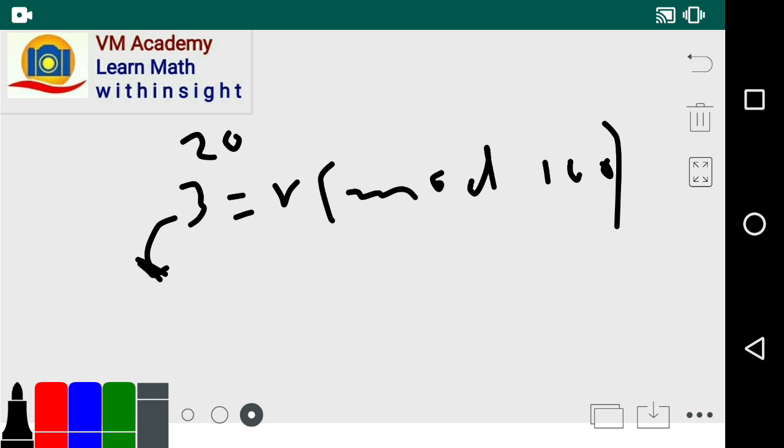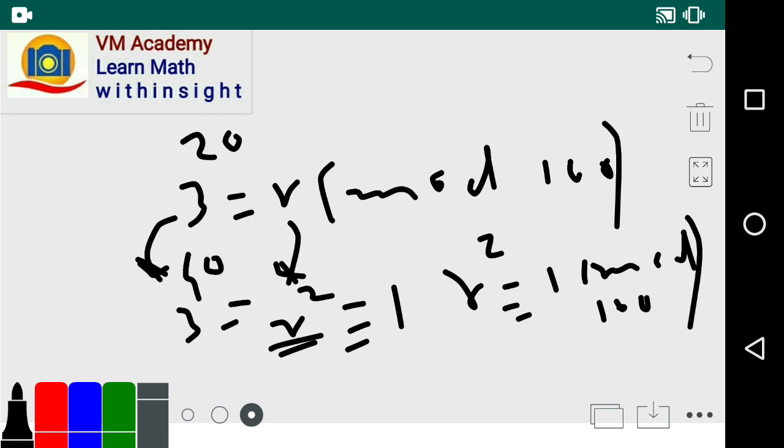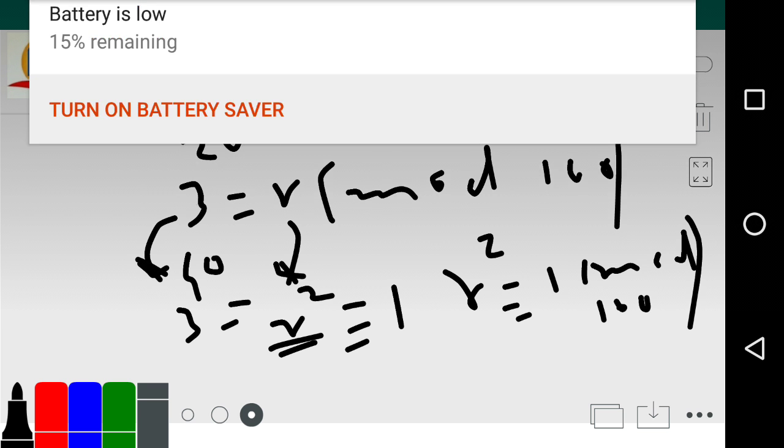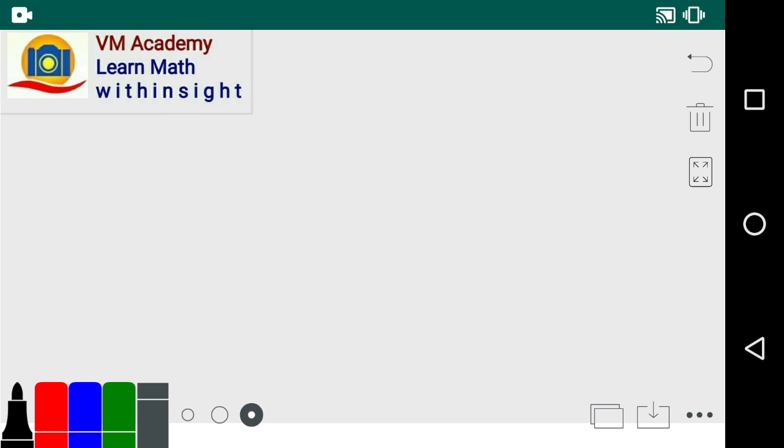When we square it, we get 3 raised to 40, and r square and 3 raised to 40 is nothing but, friends, 1. So r square must be 1 modulo 100, friends. So either r, that is the remainder, must be 1 or 99. Thanks friends.